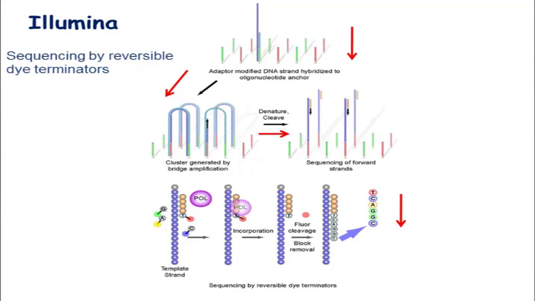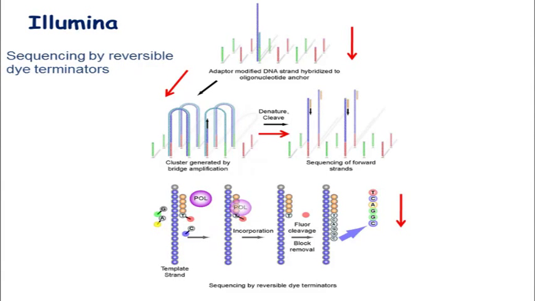The library prep will be similar to the Roche 454, however, it will follow the Illumina library prep protocol. After the library prep, the DNA products will be loaded to the flow cells. I'll show you later. On the flow cell is a glass surface.